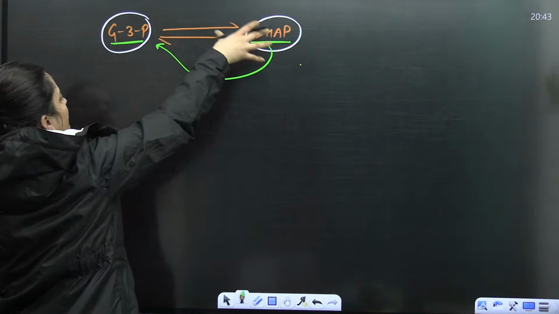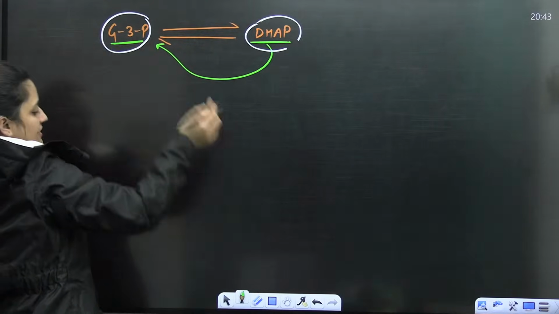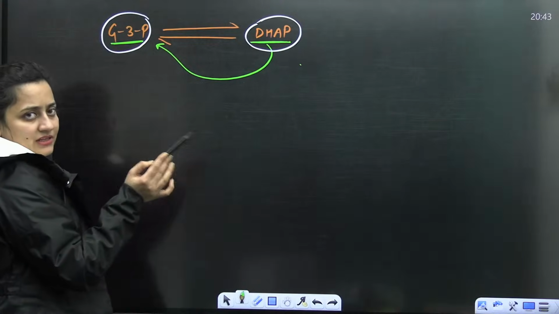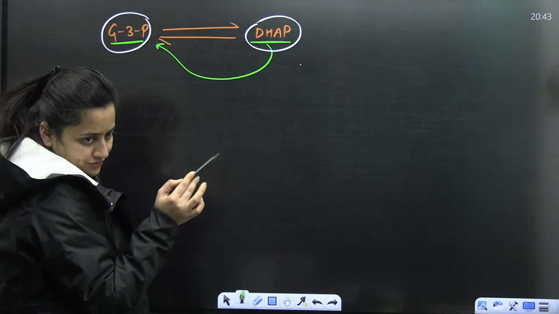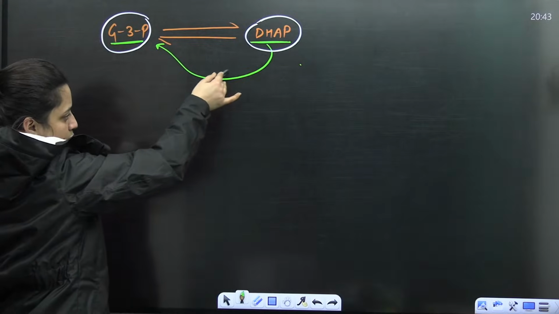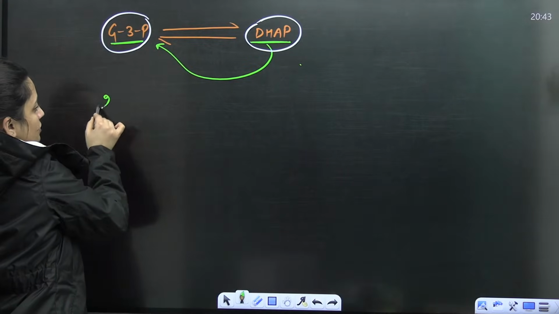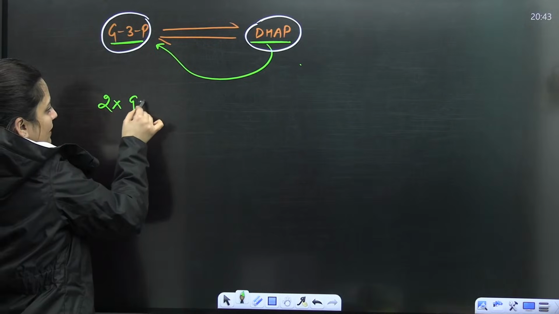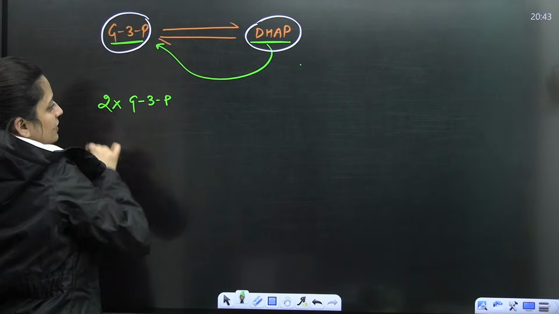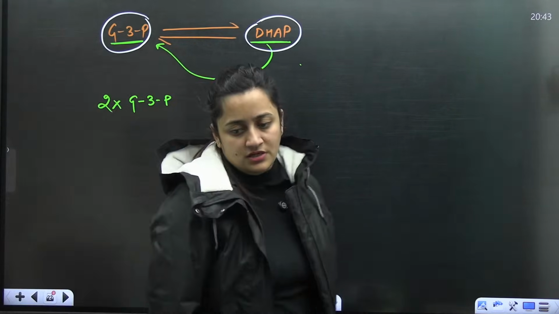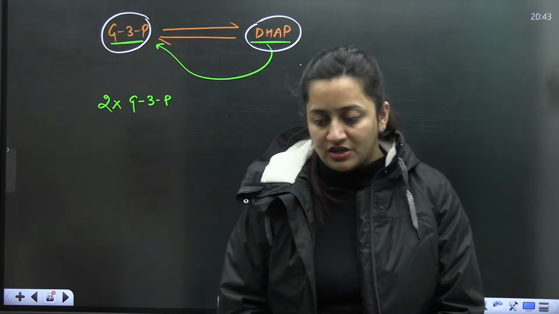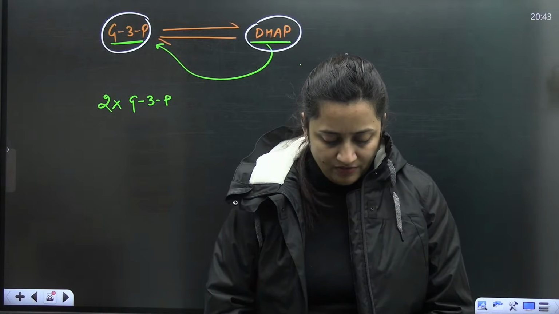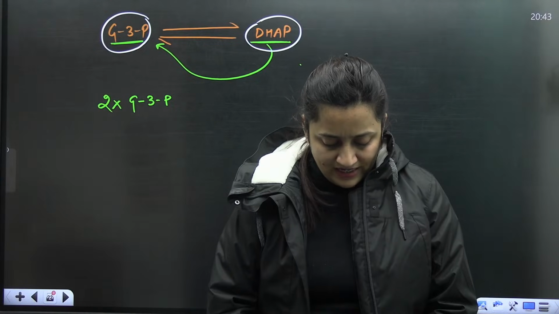Obviously, DHAP has the functional group ketone, and G3P has the aldehyde. The reaction dynamics are such that this DHAP will be converted to G3P. So now instead of having one G3P, how many G3Ps do we have? We have two G3Ps. Is that clear?